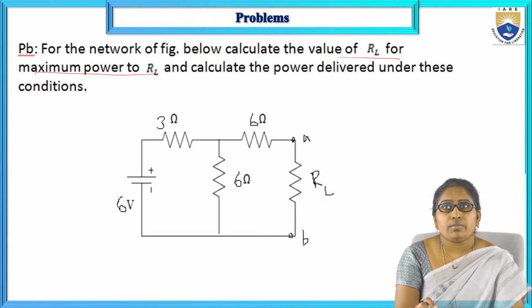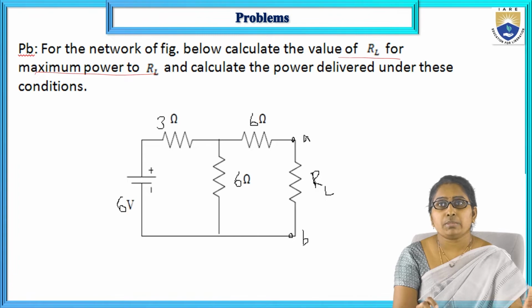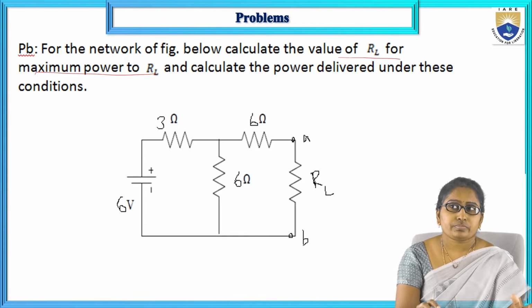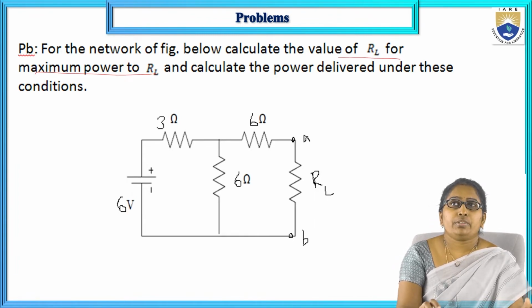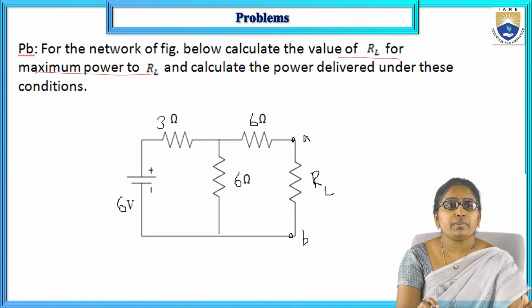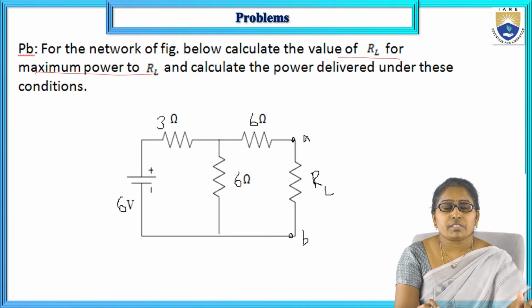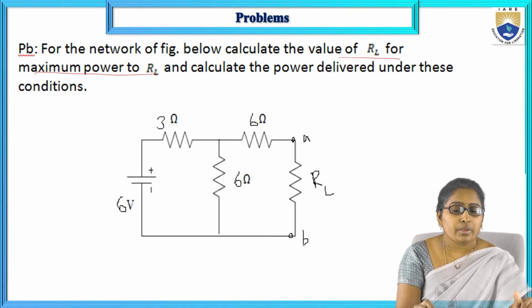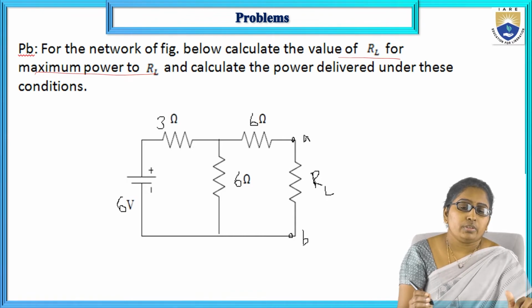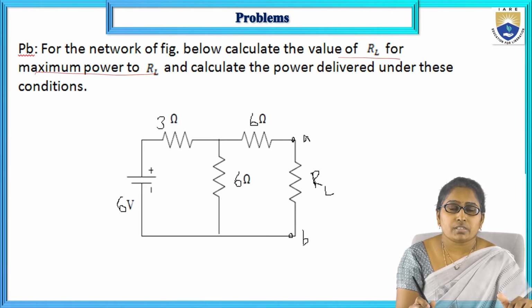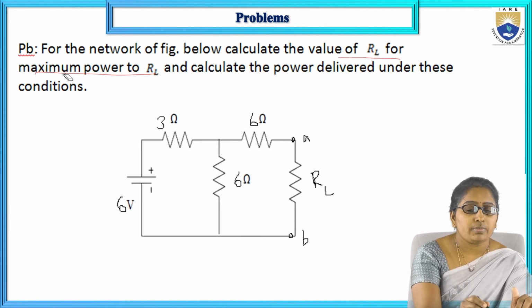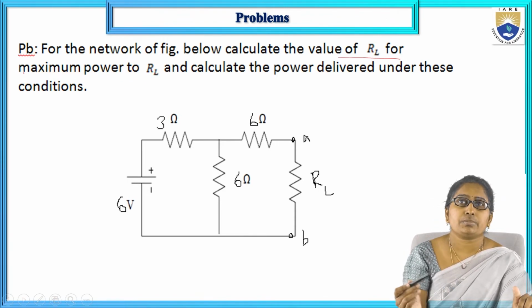So what is that? We know from the statement of the maximum power transfer theorem that the maximum power will be delivered to the load when the load resistance is exactly equal to Thevenin's resistance. Okay, so if we calculate the Thevenin's resistance of the given circuit, that is the value of RL for maximum power transfer.